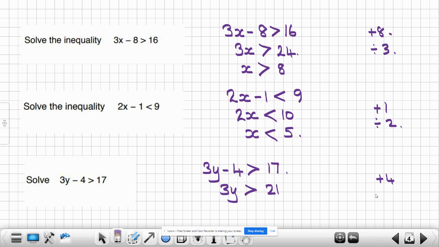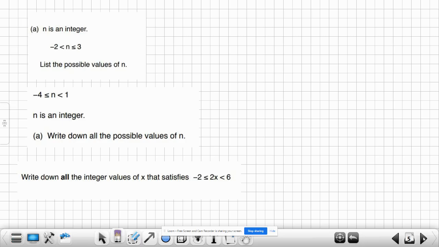Y is being multiplied by 3, so we want to divide by 3, and we get y is greater than 21 divided by 3, which is 7. So dealing with inequalities, when we've got to solve them, is very straightforward if you know how to do equations. Exactly the same principles.